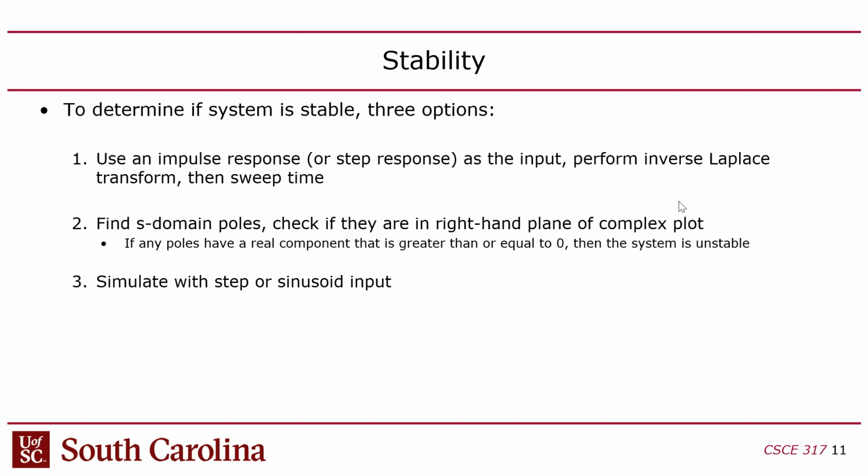But if you find the poles, all the values of S that will create a divide by 0 in the transfer function, and if all of those poles have a real component that is less than 0, negative, then all the poles are in what they call the left-hand plane, meaning if you look at a plot of all those poles, they're all to the left of x equals 0.